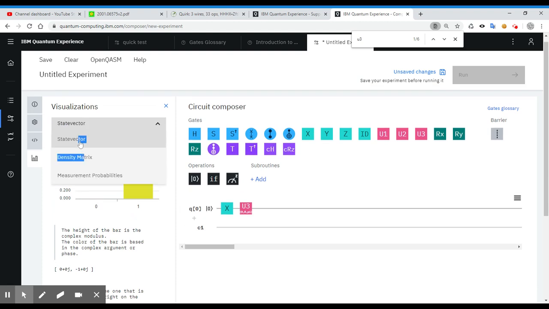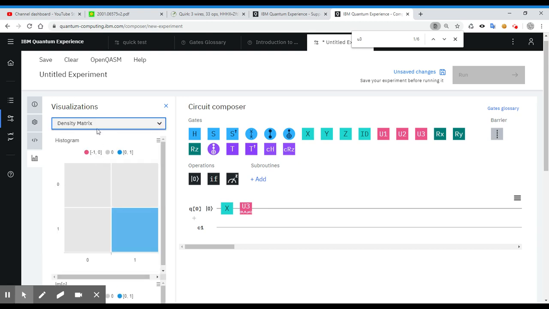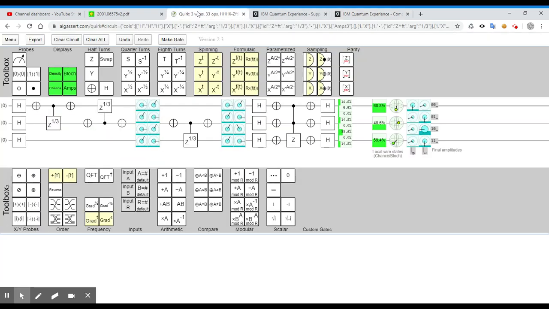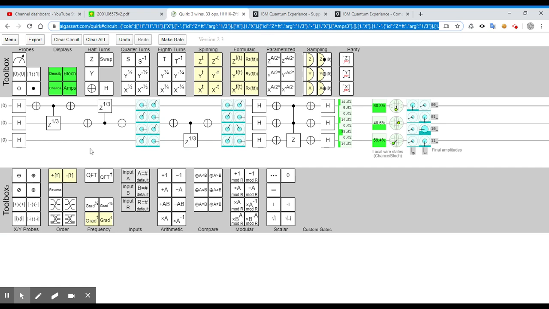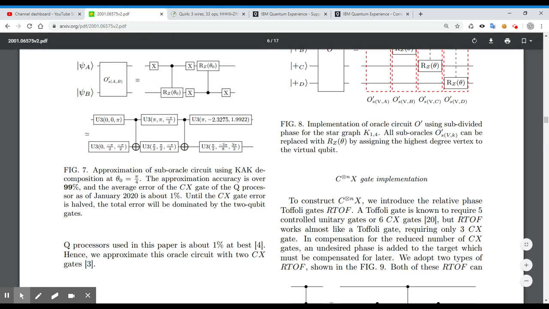State vector, measurement probabilities, density matrix, state vector. That meant like 180 degrees, it's pi. So that's interesting.